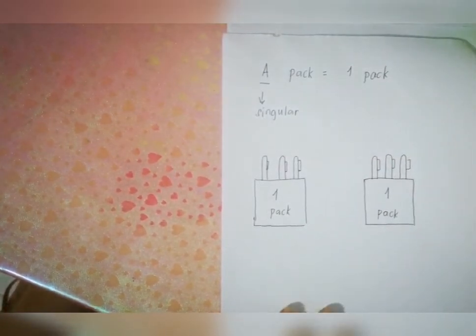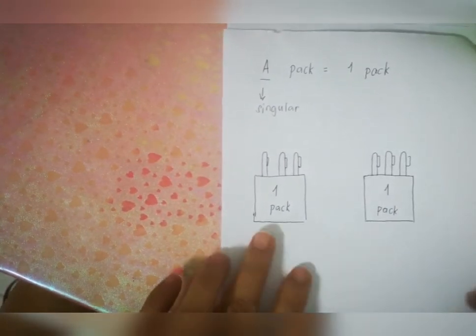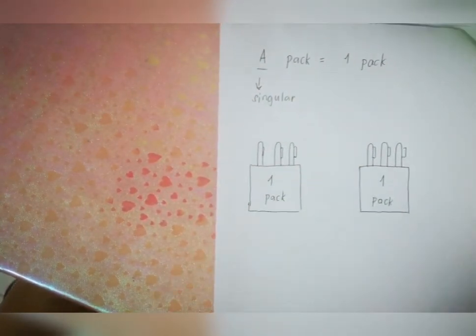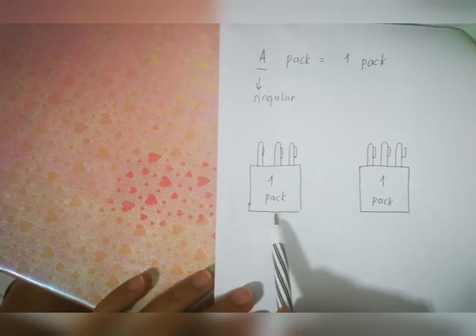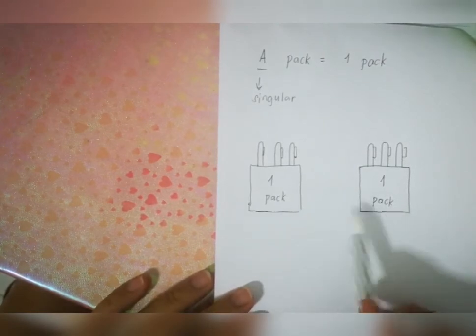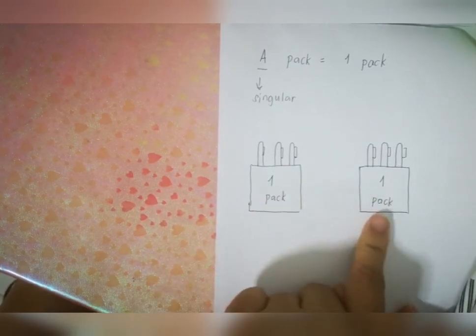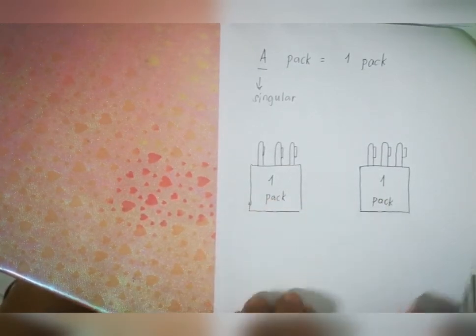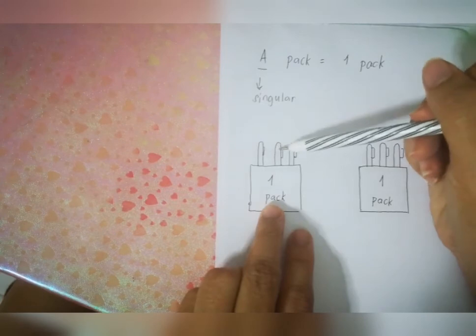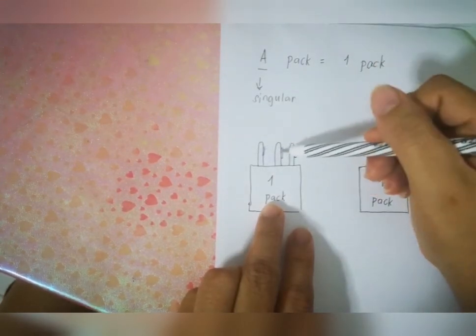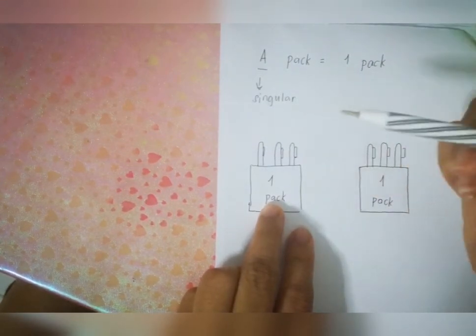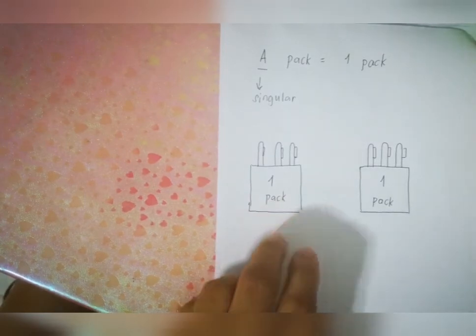So this is group 1 and group 2. This is the number of groups. And in each group, there are 3 pens. This is what we call the number in each group. So I will write that down.